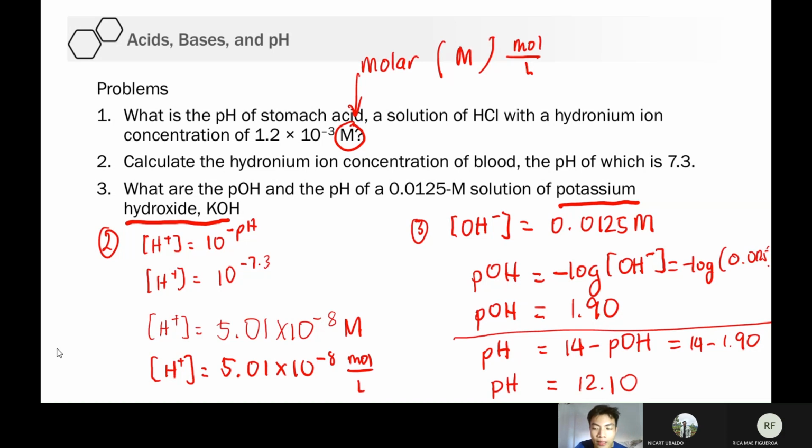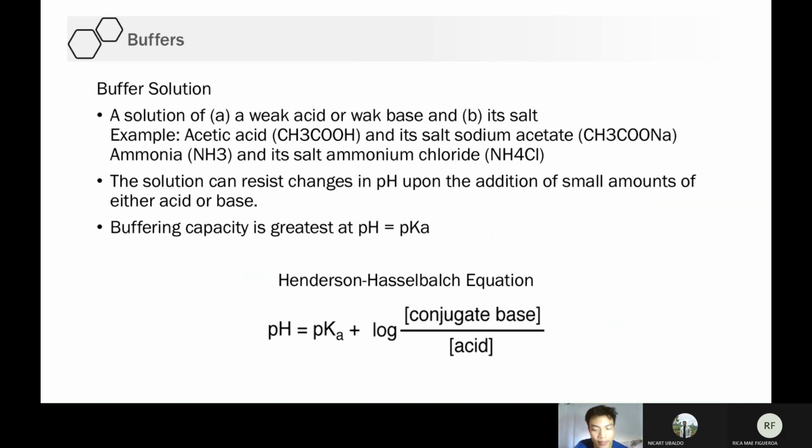Okay? So, let's proceed. Buffers, last na tayo. Okay. So, what are buffers, no? So, 'di ba naririnig nyo, buffer zone. Kumbaga, parang this is a stabilized zone, no? Okay. Pag buffer zone, buffer quiz, no? Pampa-balance. So, sa chemistry, sa biochemistry, may ganun din, no?